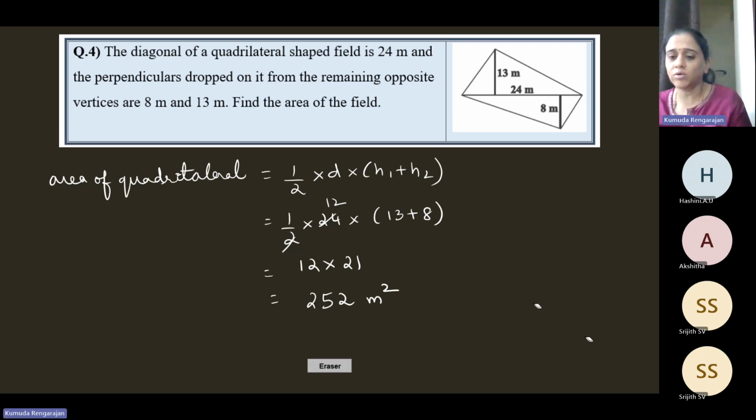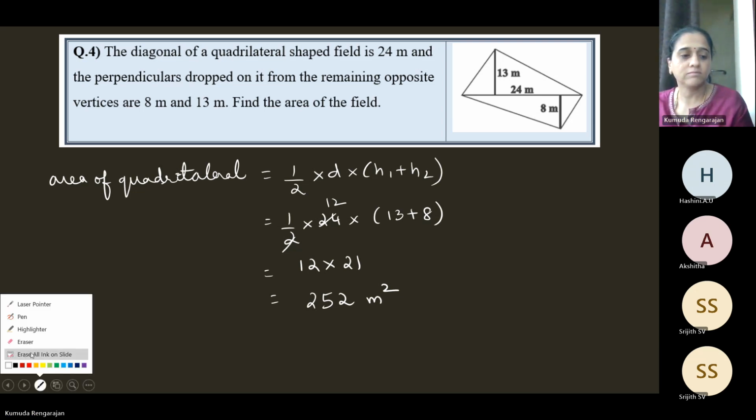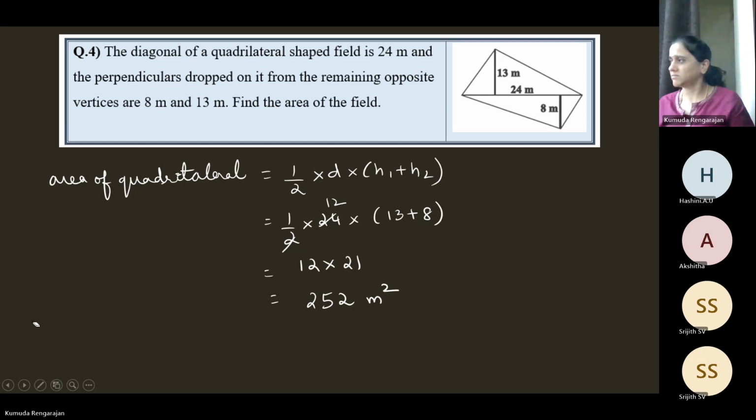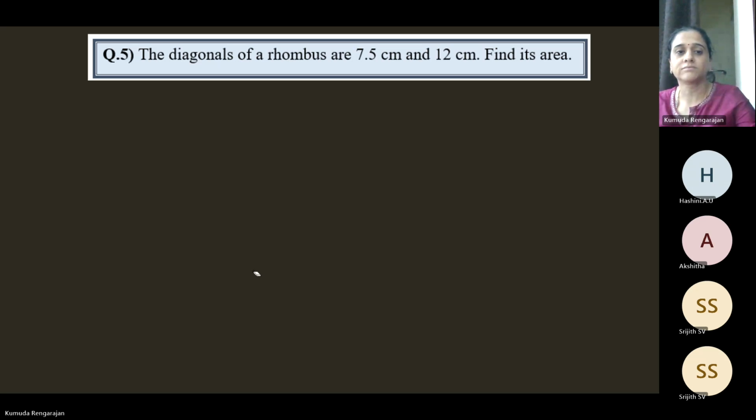You always use that implies symbol, no? How do you find the area?